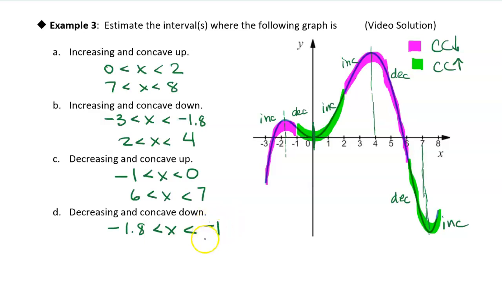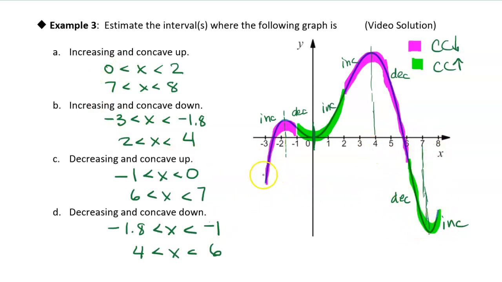It's decreasing and concave down. And then we have another interval, concave down and decreasing, from 4 to about 6. So for 4 less than x less than 6, it's decreasing and concave down.